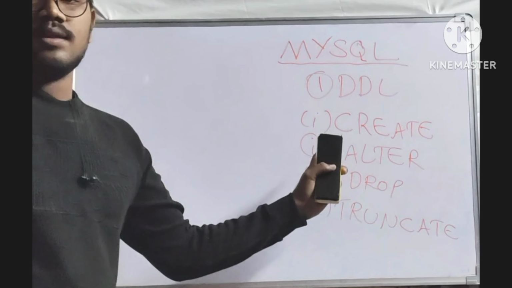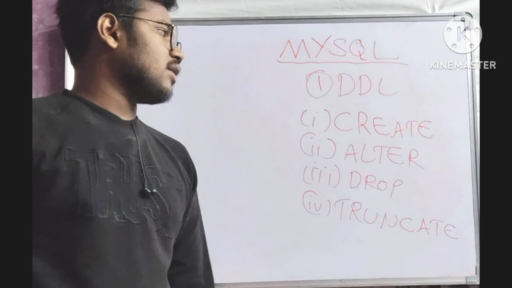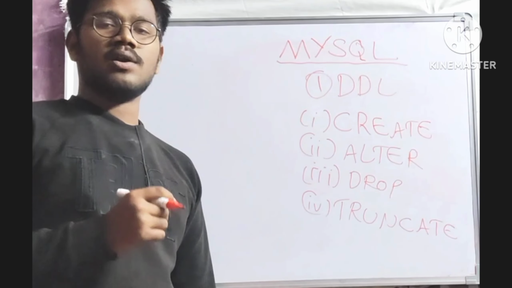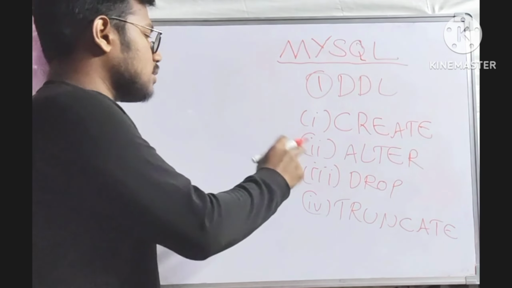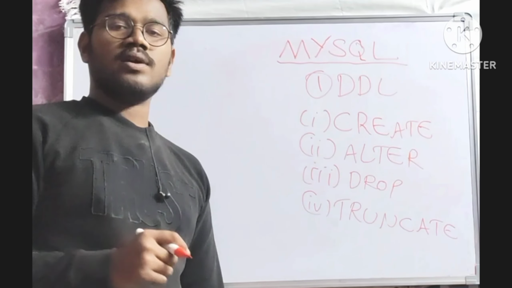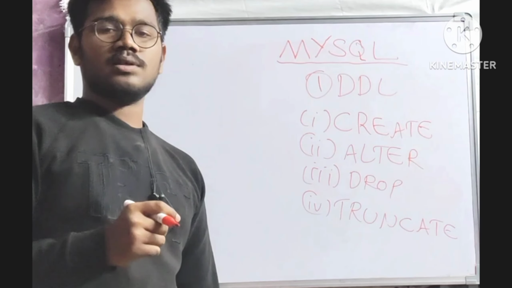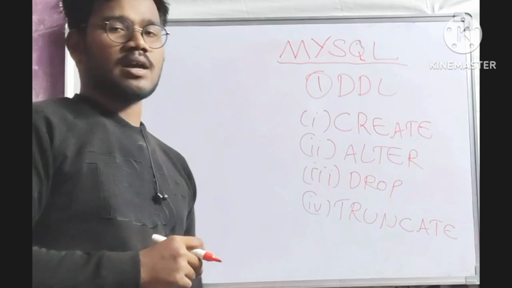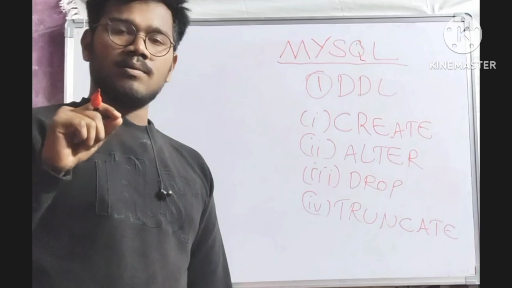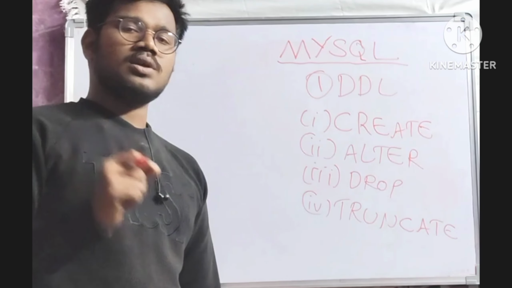The first command in the DDL, data definition language, is create. With this create command, we can create a table or a database. And the second one is the alter command. With this alter command, we can modify the table or the database which is created using the create command. With this alter command, we can modify by adding or removing columns of a table.